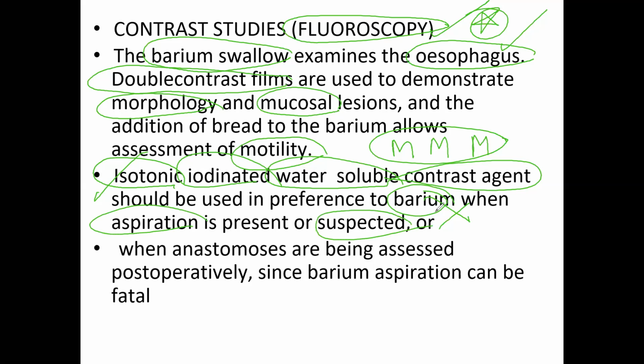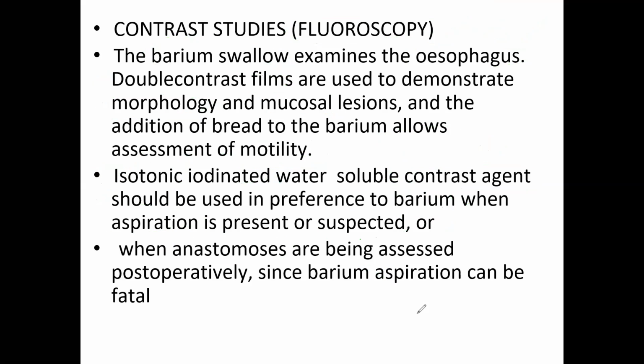If you have a doubt, it's better to go for it. Even for anastomosis, barium aspiration is always a chance, so it can be a fatal one. Therefore, they go for isotonic, iodinated, water soluble contrast agents. Based on this, you can understand the need for fluoroscopy.